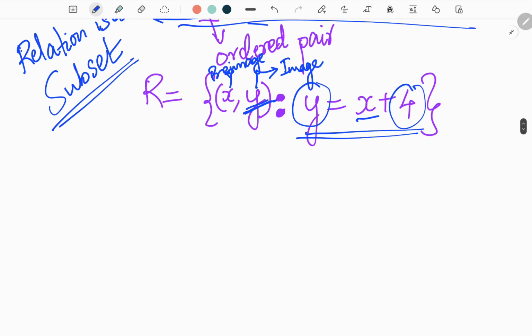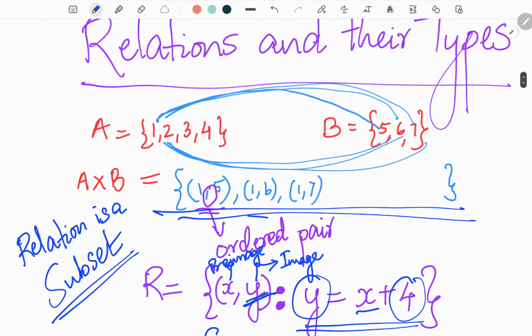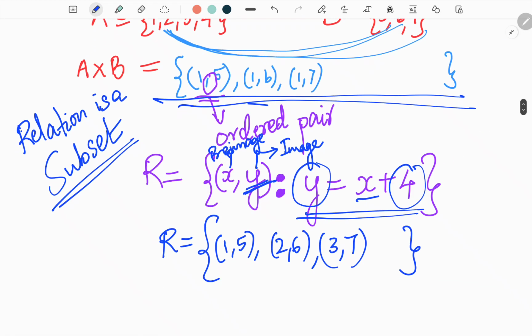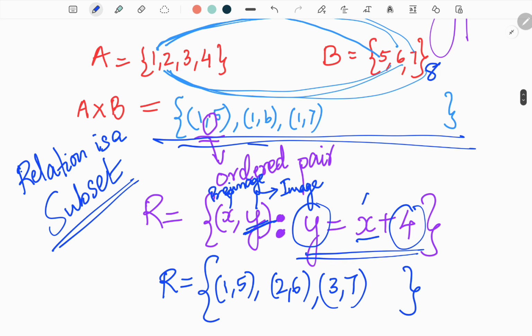So now in the relation, for this particular example, only the elements (1, 5), (2, 6) and (3, 7) will belong. So now what about 4? According to the Cartesian product, there is no element called 8 in this set. And you know, if x is 4, then y value must be 8.